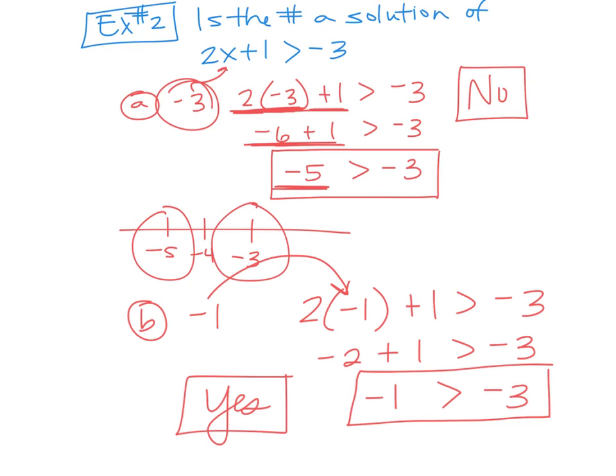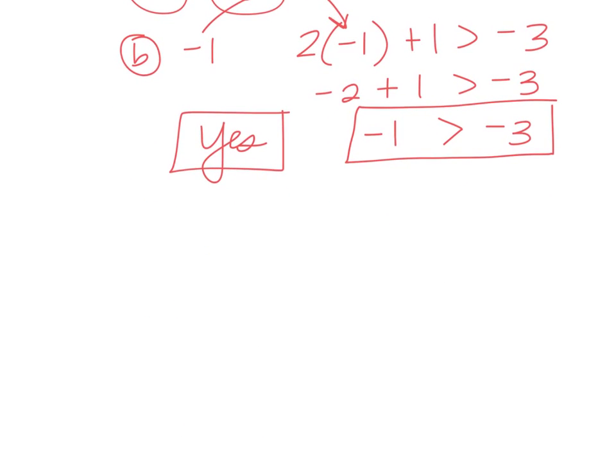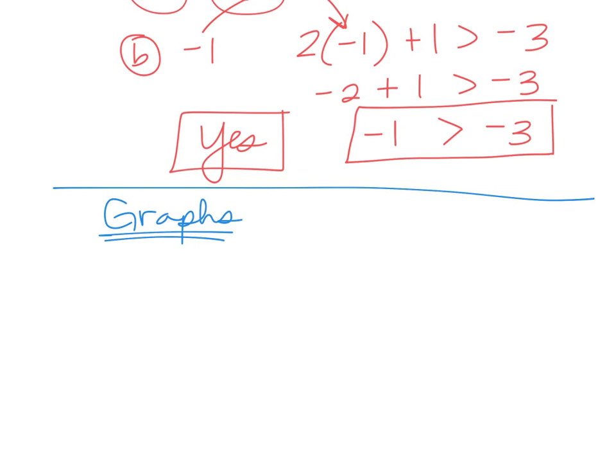Okay, so real quick, we're going to talk about how you graph these. So I'm just going to show you kind of the basic graphs of them, and then you'll graph a lot as you go. All right, let's say I give you n is less than 1.